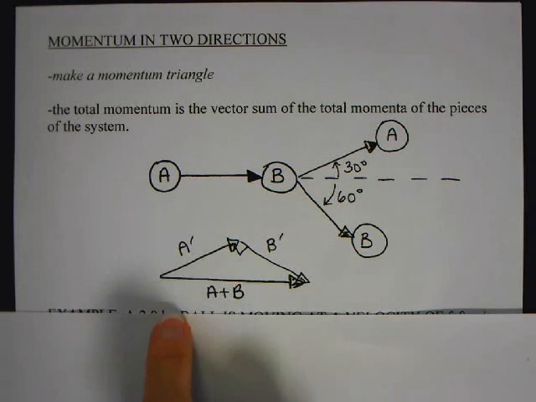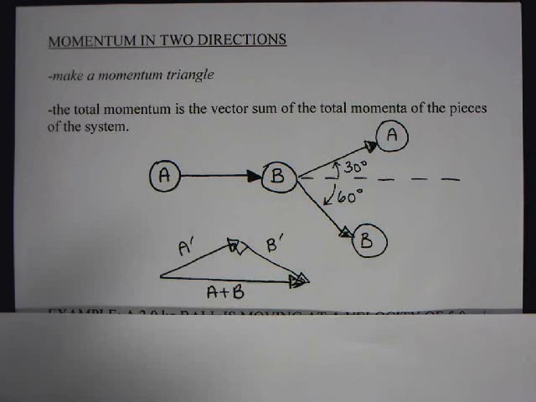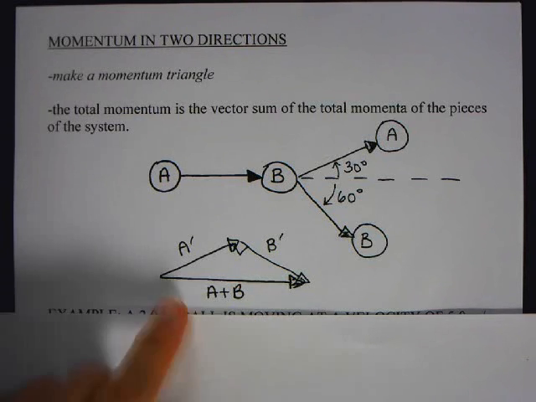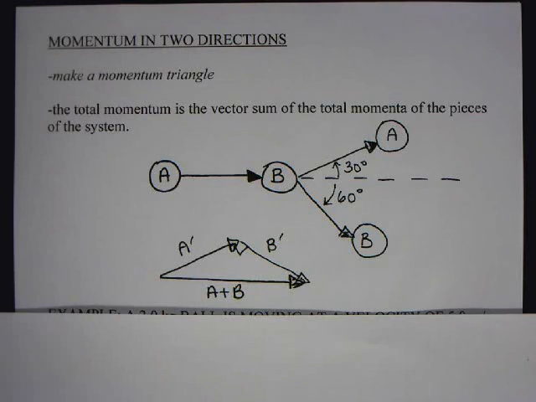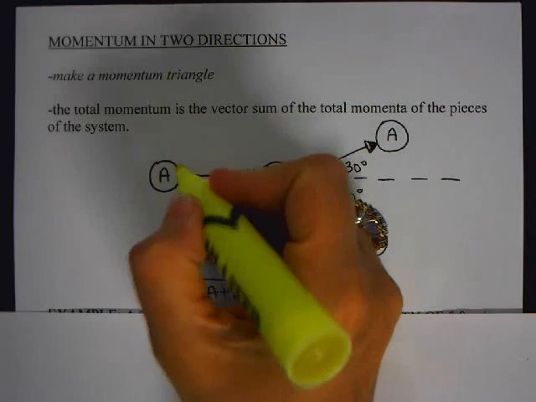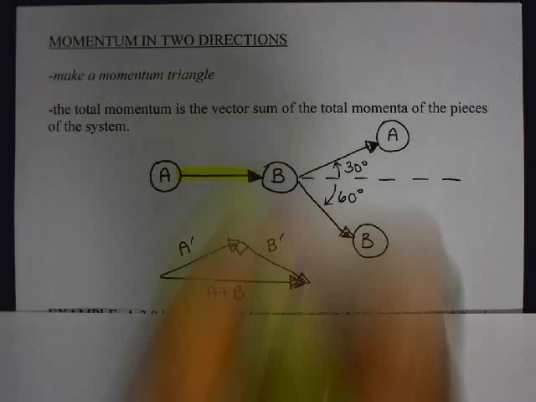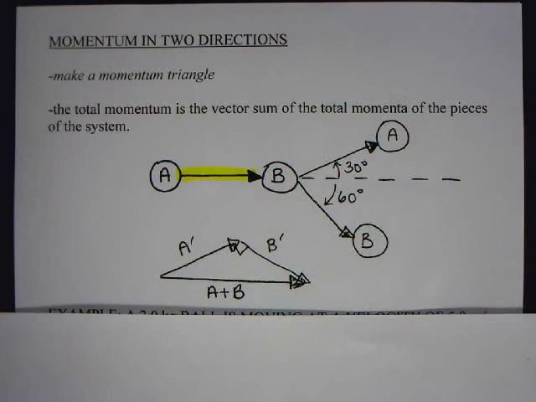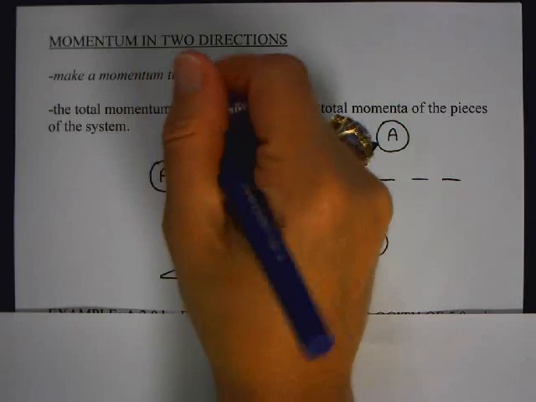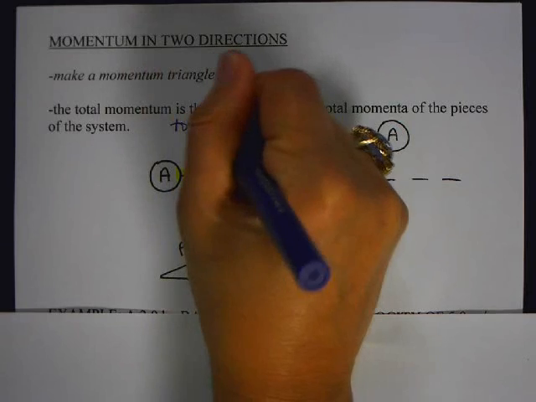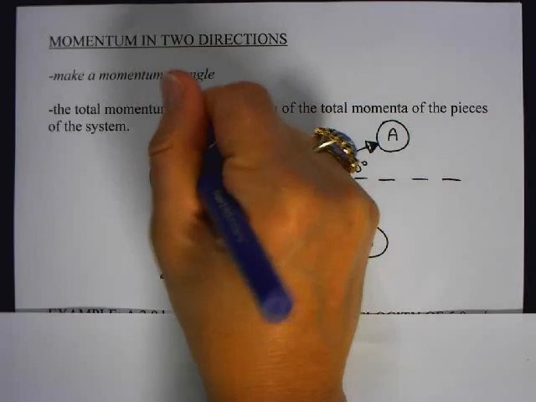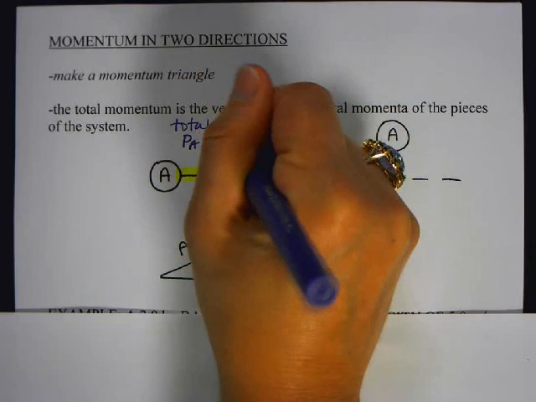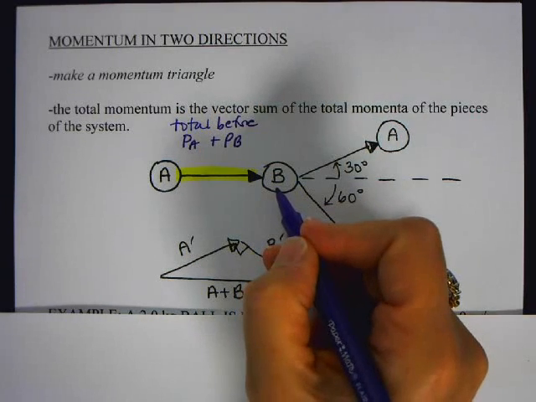Now, we know the one rule for adding vectors is that they are added head to tail. So when you look at this, here is the original direction of ball A. And we know that the total momentum before is equal to the momentum of A plus the momentum of B. Well, B is 0 because it's not moving.